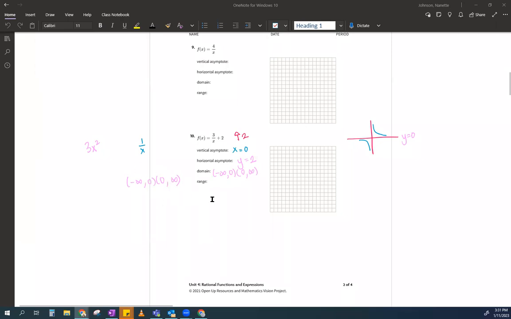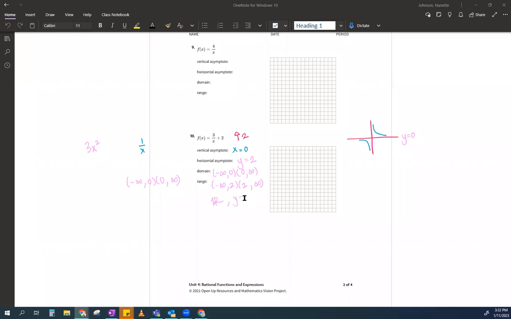It's still going to be negative infinity to infinity, but it's not going to be 0 anymore because we moved everything up 2. So instead of the asymptote being at 0, it's now at 2. So we can't touch 2. That's why we put a 2 here. So the range, in normal terms, is all numbers except for 2.